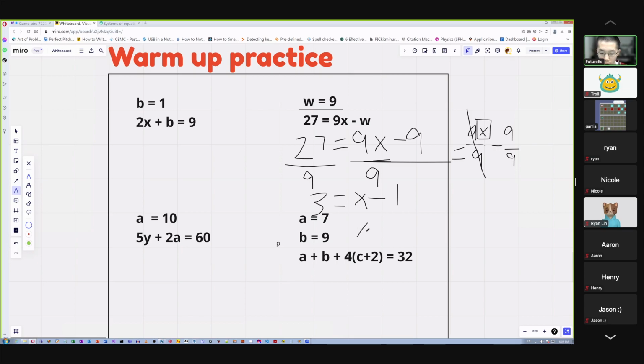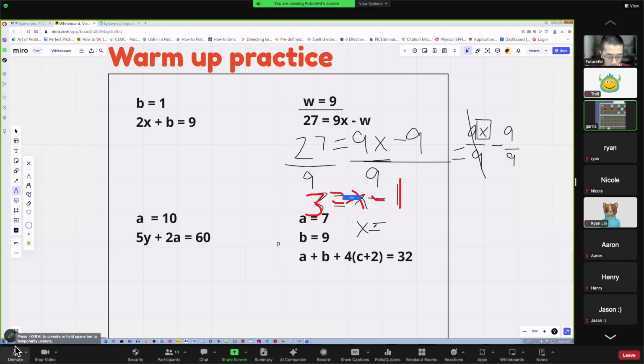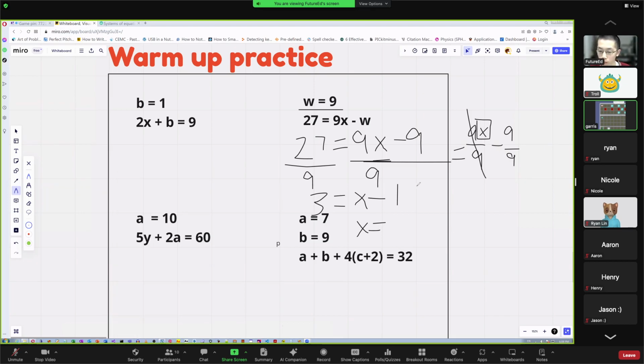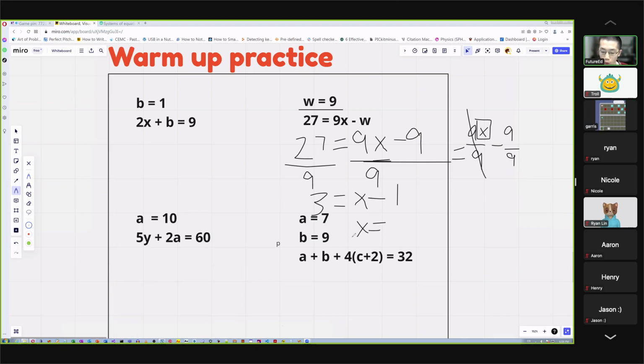How do we find x? Does that mean it's 2?